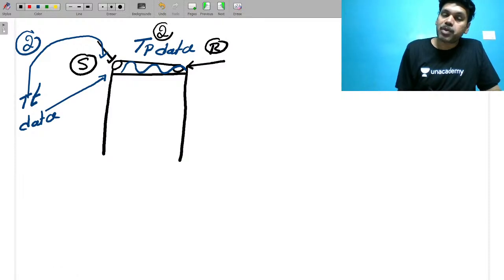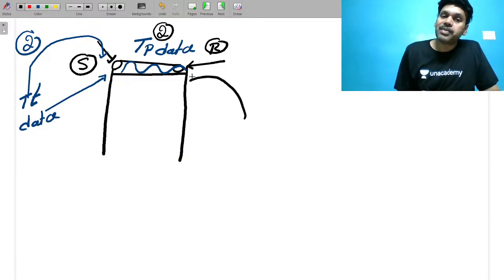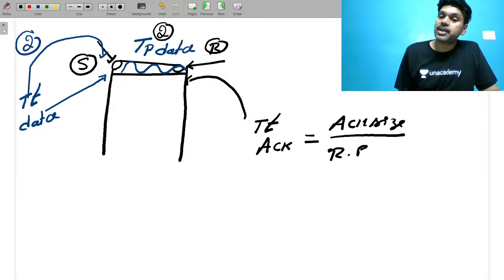So data is propagated and reaches the receiver. What is the receiver going to do? After receiving the data, he gives you an acknowledgement. So what is this acknowledgement? He just places the acknowledgement, and for placing it he also takes some time. It is nothing but acknowledgement transmission time, which depends upon your acknowledgement size divided by the receiver's bandwidth.